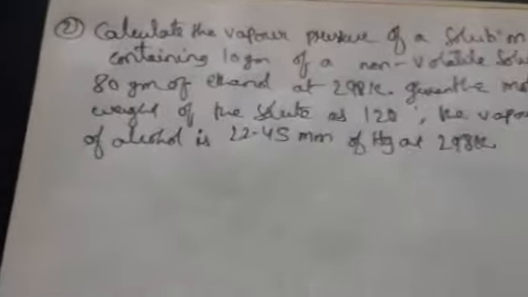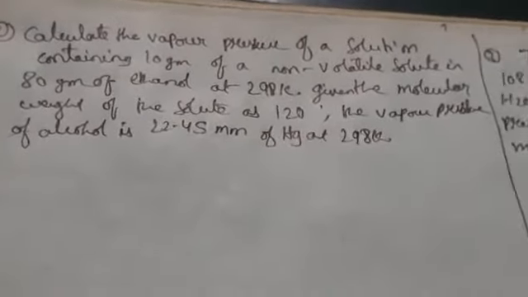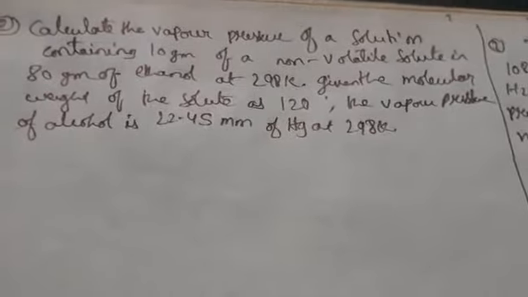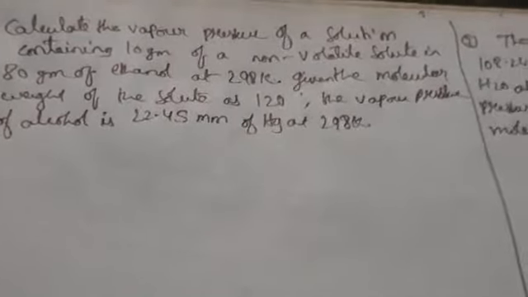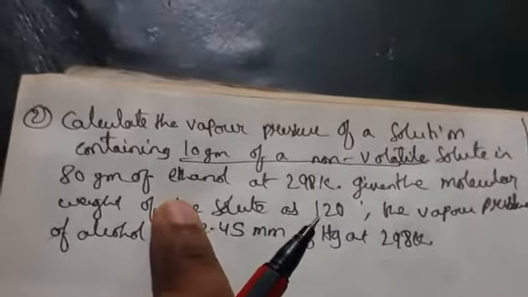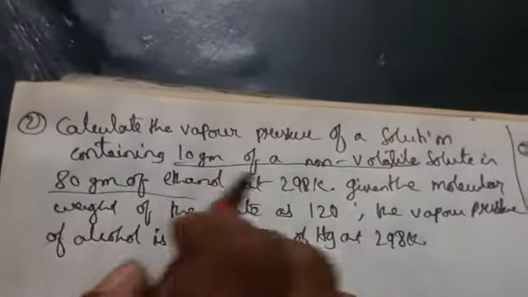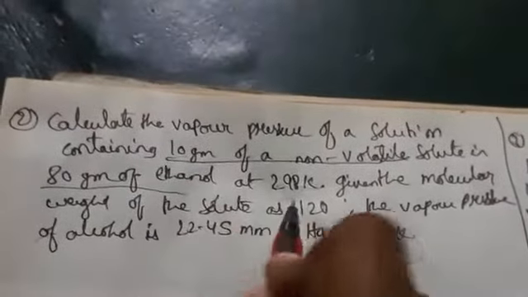See the second problem. Here we have to calculate the vapor pressure of a solution containing 10 grams of non-volatile solute. He has given 10 grams of non-volatile solute dissolved in 80 grams of ethanol, so the solvent is 80 grams, at 298 K temperature.